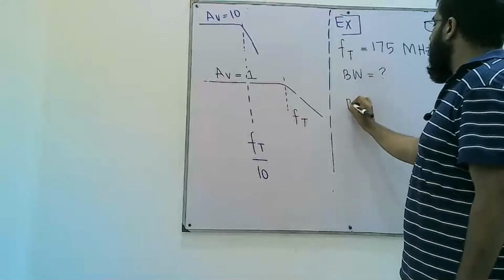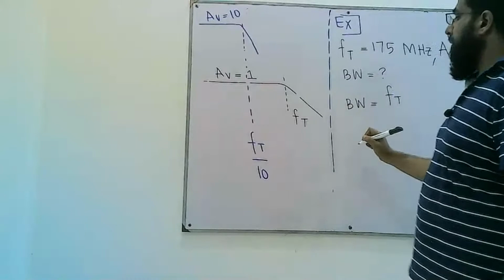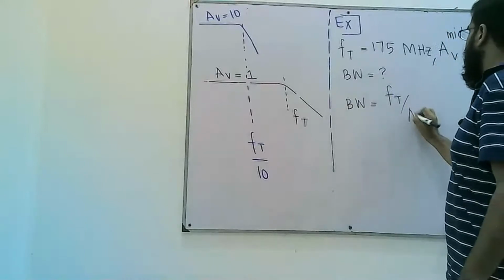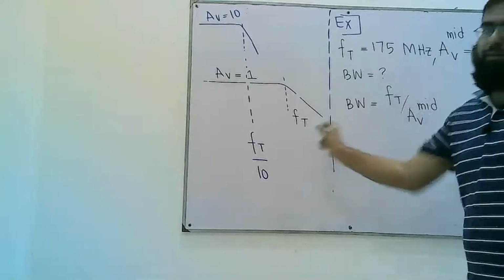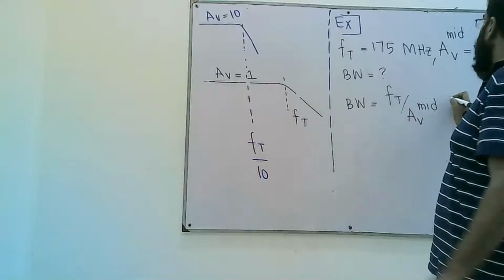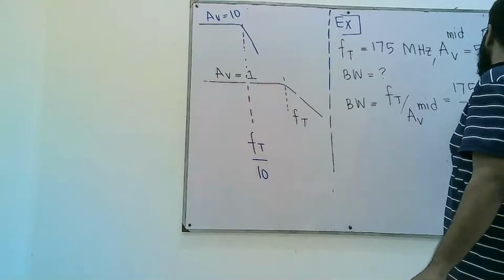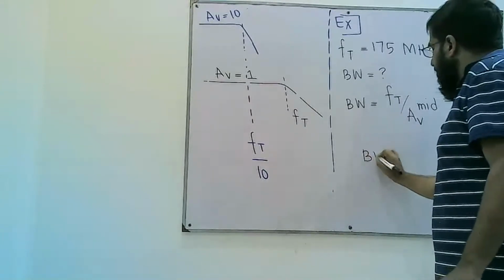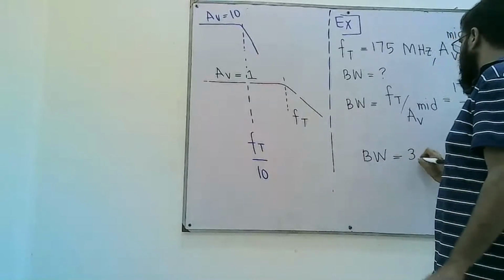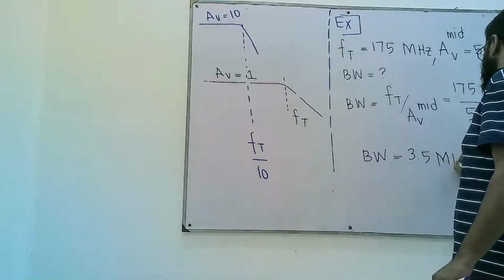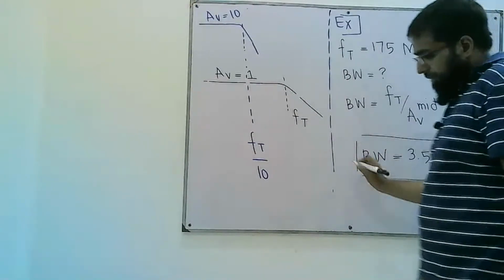It's simple because, as we have just studied, bandwidth is Ft over AV mid, because Ft is AV mid times bandwidth. So this is 175 meg over 50. So bandwidth comes out to be 3.5 megahertz. So you cannot go beyond 3.5 megahertz.